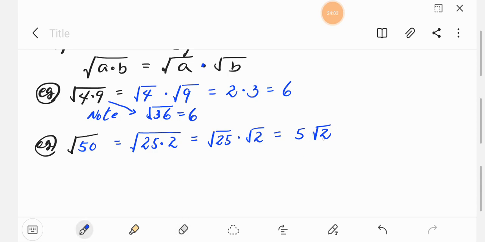This is not a perfect square, so just leave it. We already simplified. So square root of 2 is in simplest form, so this is the result. Our result has one square root, and the other factor is just a whole number, right? 5 times square root of 2. So the radicand is now simplified. 50 became 2, and 25 became just 5.